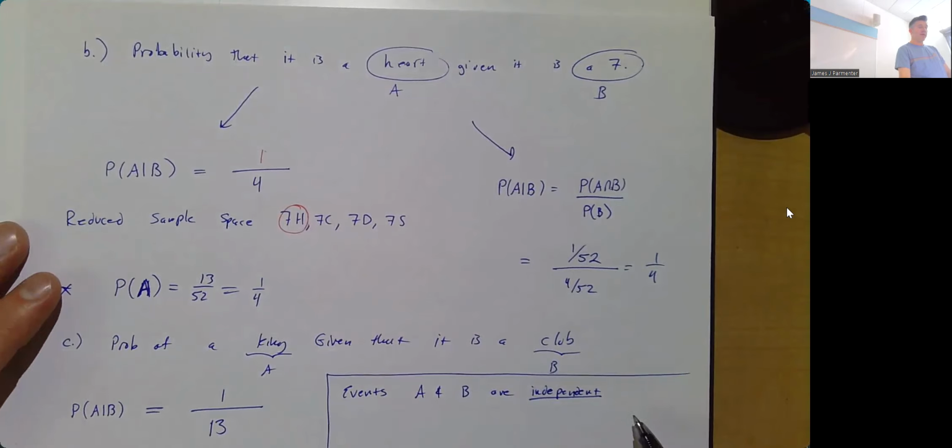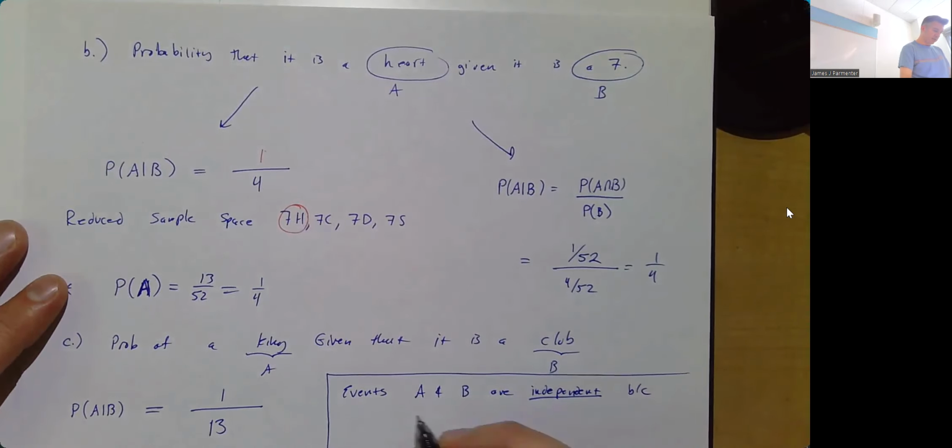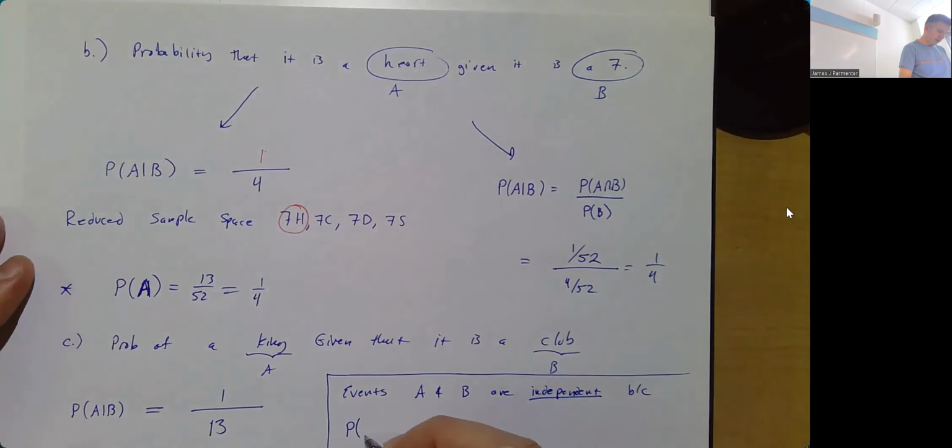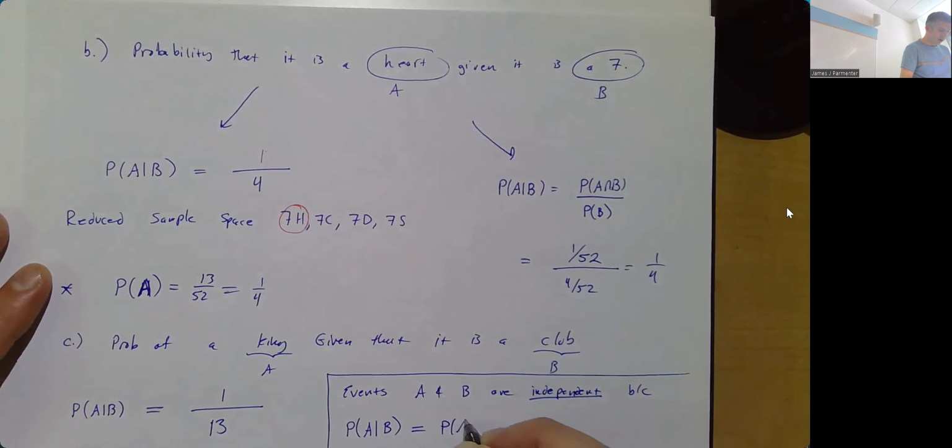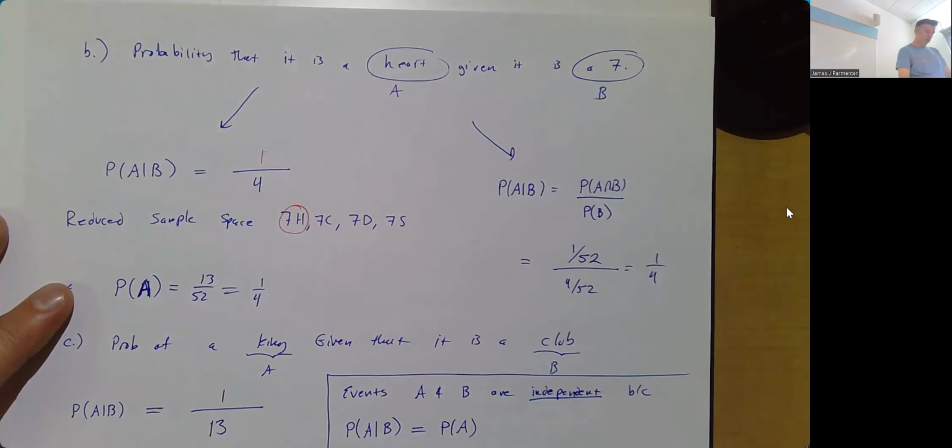So events A and B are independent because we can see that the probability of A given B is the same as the probability of A. Or in other words, knowing that B has happened doesn't affect the probability of A happening.